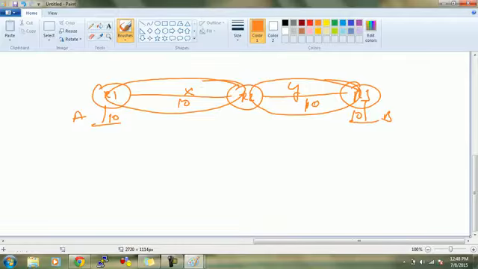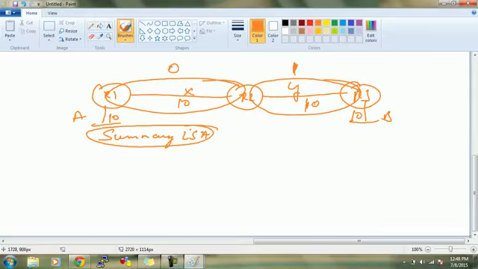Now, area 0, area 1. In area 0, summary LSAs will be network Y, network B, mask, their cost. Its cost is 10.